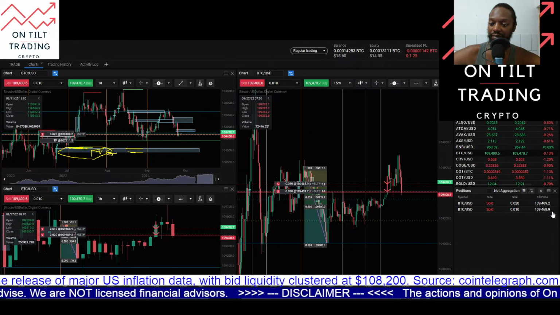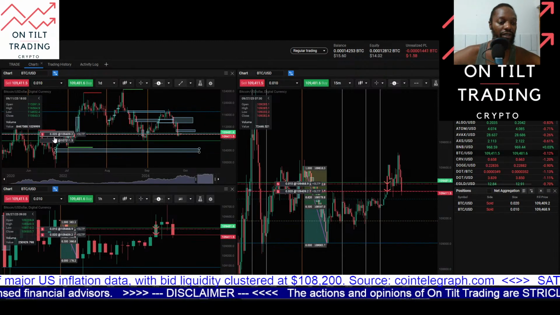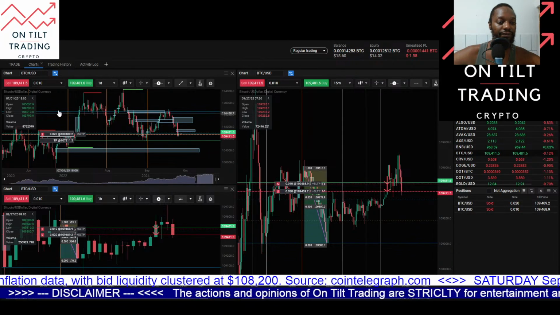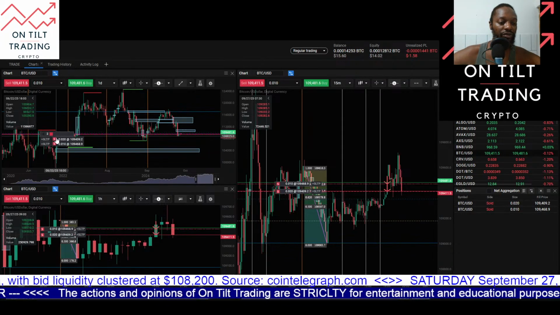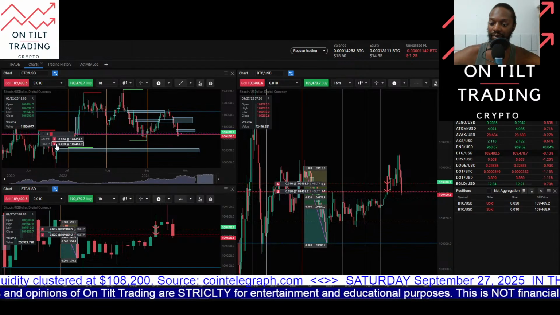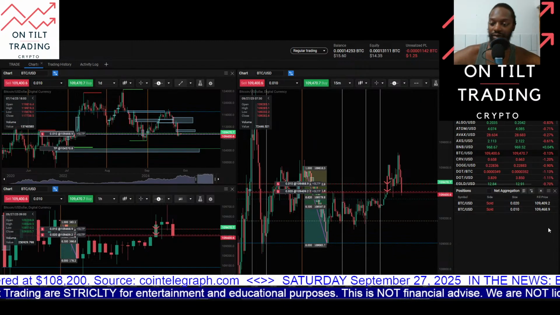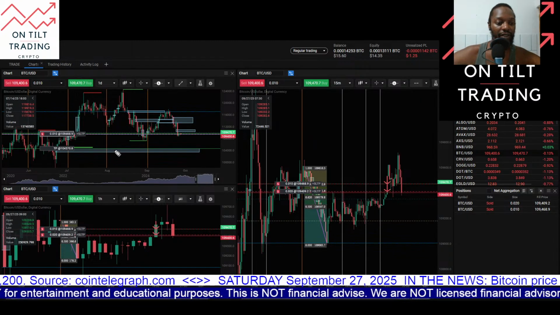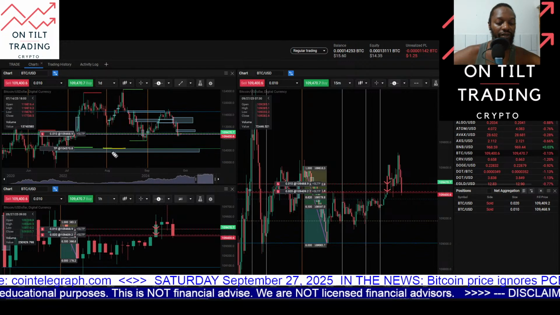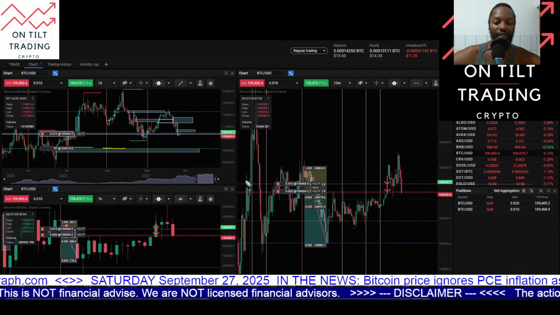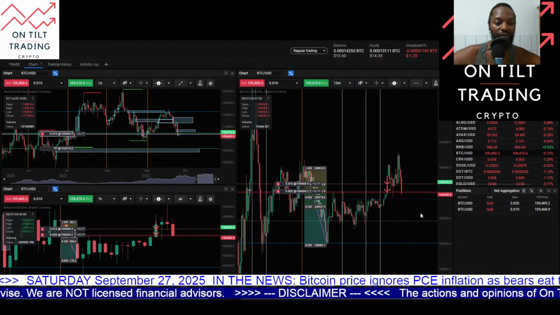Right now my second position is set for entry into the fair value gap here. So you can see my take profit is right at the edge of the fair value gap. That's where I would look for price to potentially rebound.